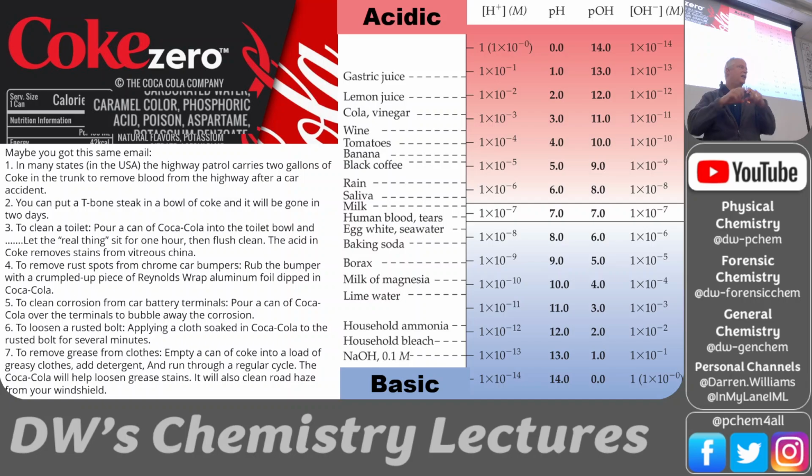So the base can attack the proteins and break them apart. Well, what is in your drain? Your drains are clogged a lot of times by hair, and hair is protein. So you can put sodium hydroxide solution down there, and it breaks up the hair clogs and breaks up the grease and the oils and the soap residue, and then it breaks up that clog and lets the water flow.